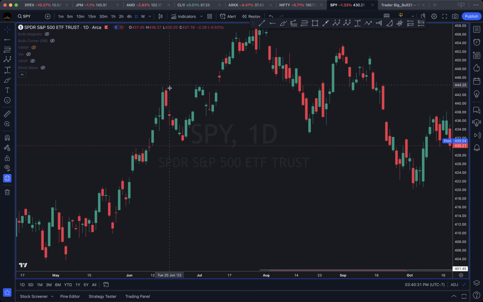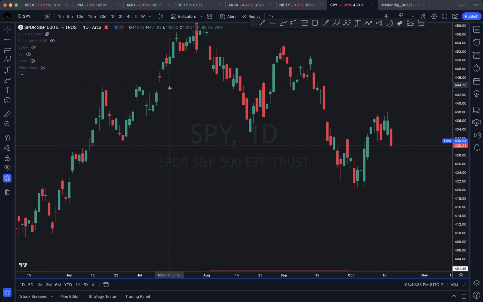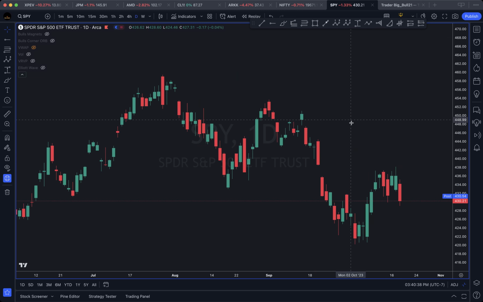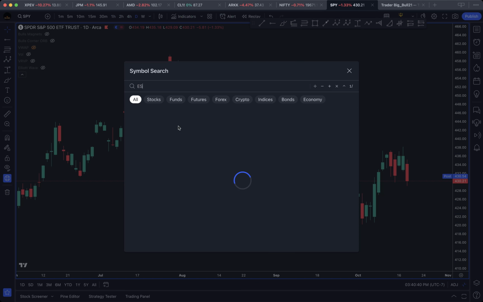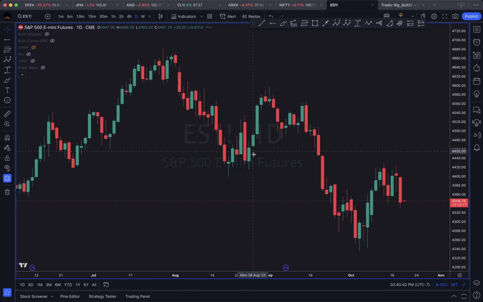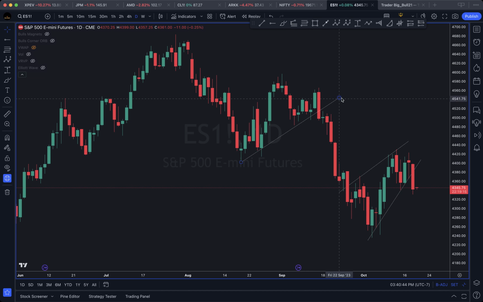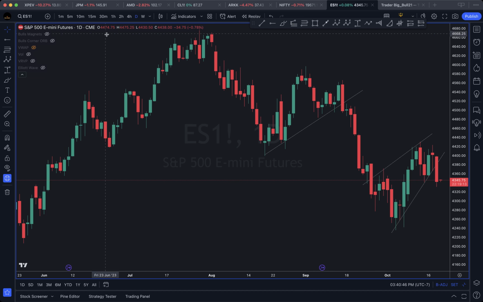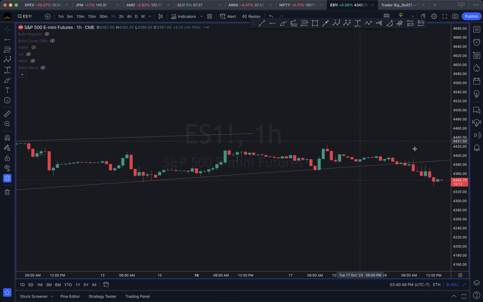Let's look at some of the examples here. When I'm talking about it, it would make more sense for you guys to understand. Let's look at ES, which is how I'm able to identify all these zones. Let's look at 1 hour again, guys.